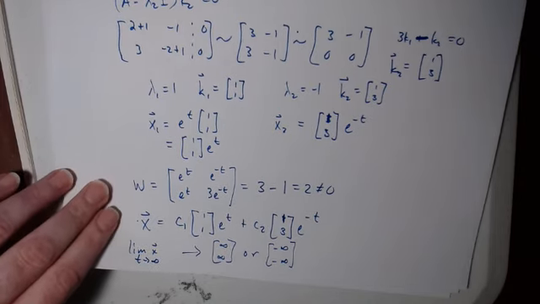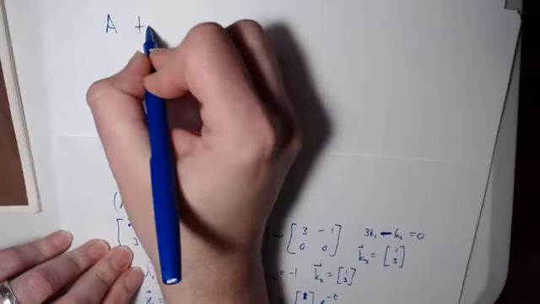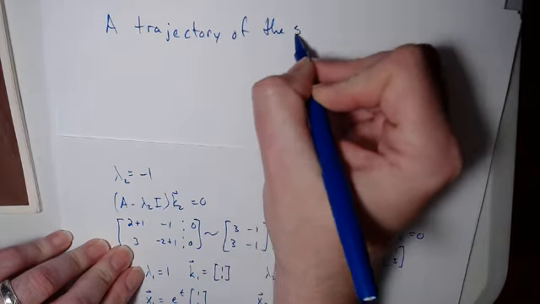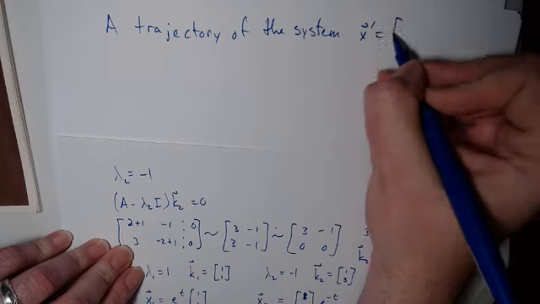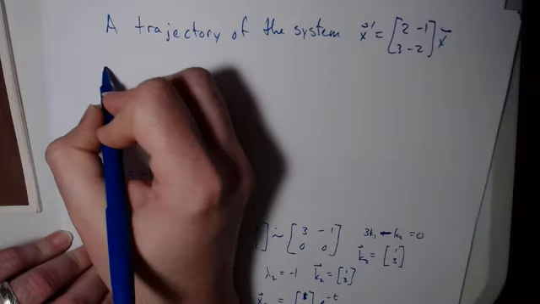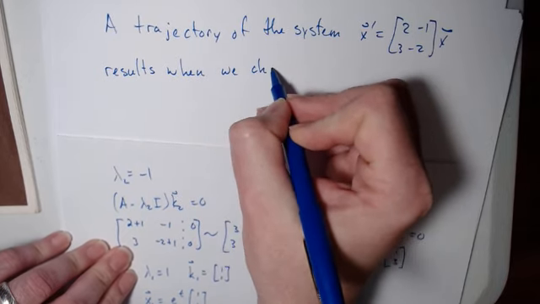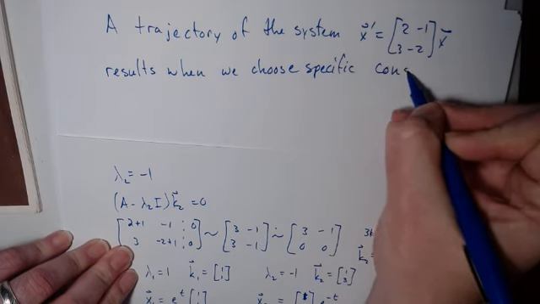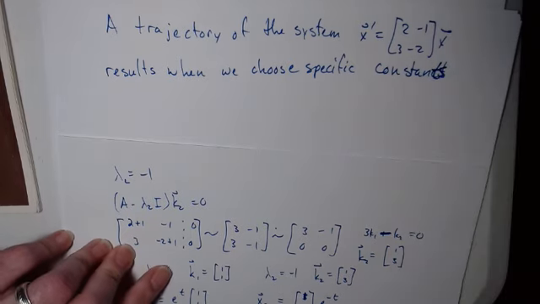Trajectories. A trajectory of the system x prime equals Ax, really any A, but we're sticking with this example, (2, -1; 3, -2) x, results when we choose specific constants.